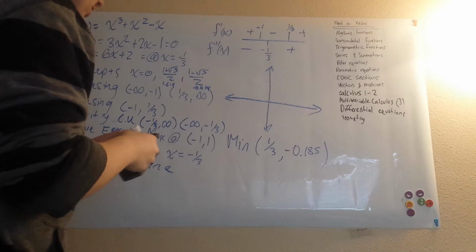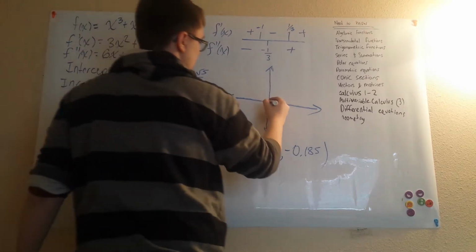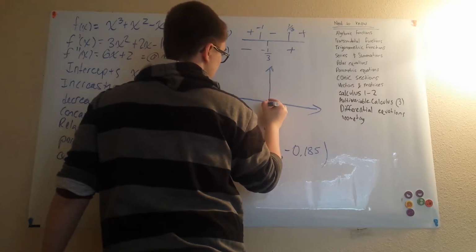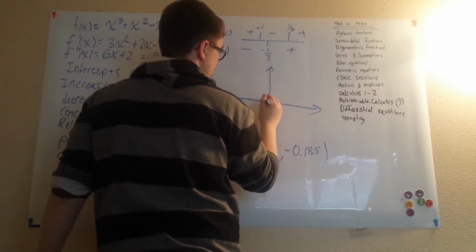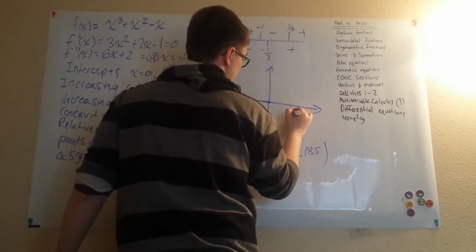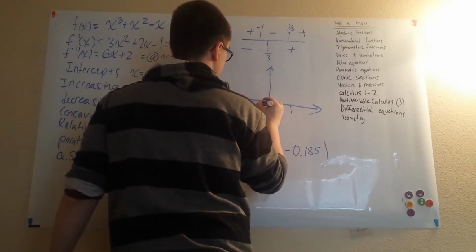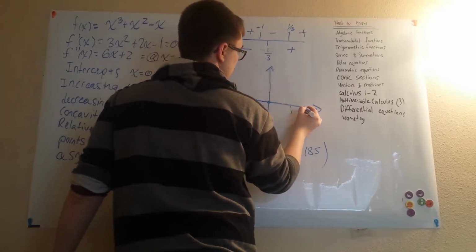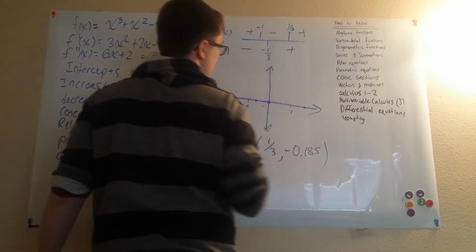So these are really close. So if intercepts at 0, it's really, really close to here, but let's put this as 1, negative 1, and 1. So this would be kind of right here, and this one would be right over here.